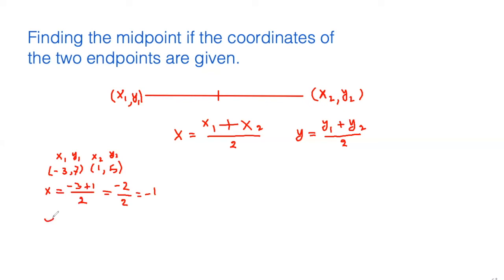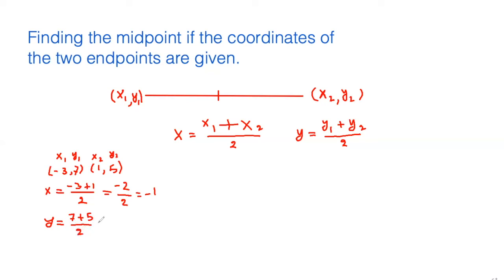And then for the y value, we are going to plug in y1, which is 7, plus y2, which is 5, and then divided by 2.